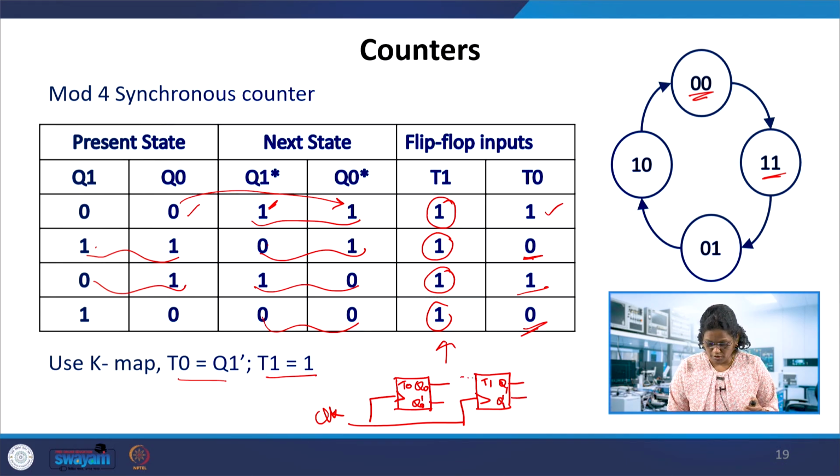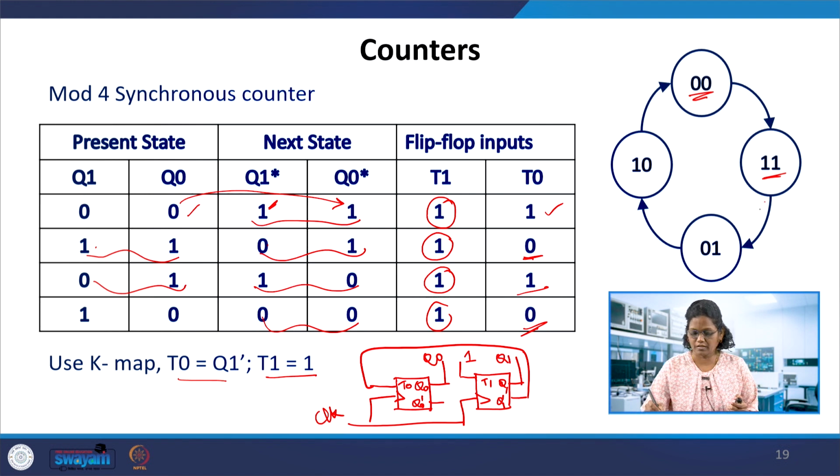T1 is equal to 1 here, and T0 is Q1 dash. So Q1 dash needs to be connected here. This will be the first bit and this is the second bit. You will get these states moving through this design.